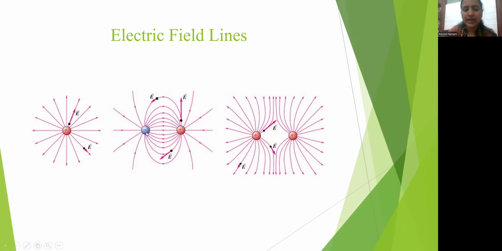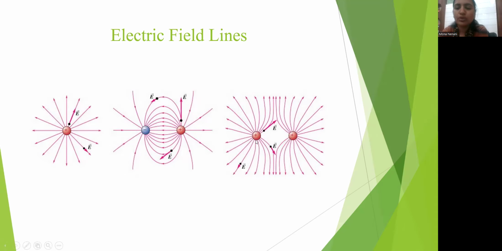Now, if we consider one negative charge and one positive charge, what will you observe? That these field lines originate from the positive charge and terminate on the negative charge. So from a positive charge, the electric field lines are always directed radially outwards, whereas for a negative charge, they are always directed radially inwards, right?